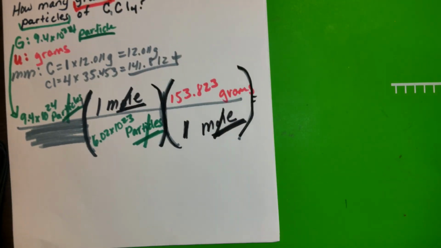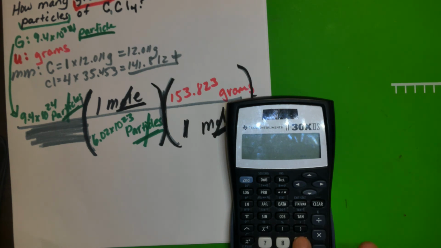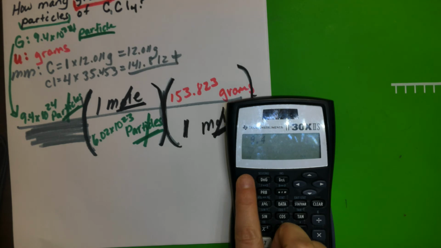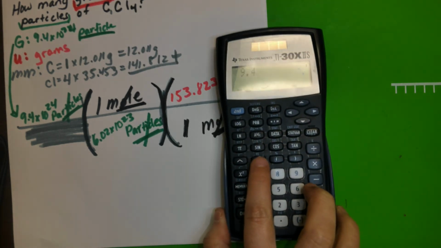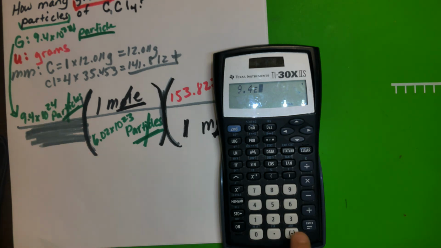Let me go ahead and put it in the calculator. It will be 9.4, and then instead of times 10, you put second, and then you see the E, that's the exponent. All they want is the exponent, so it's 24.